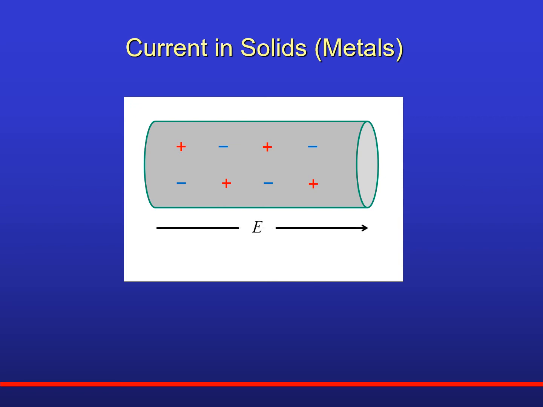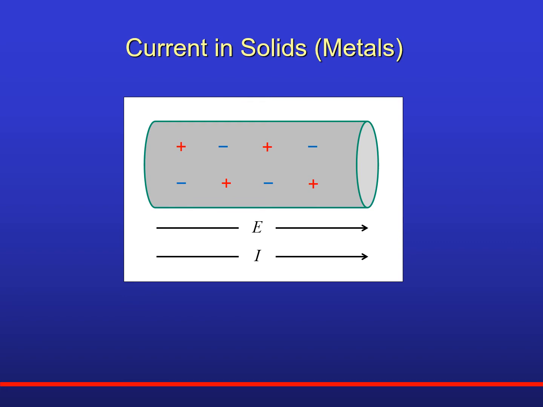The electric field goes from left to right. The electric field, remember, is the direction of the force on a positive charge. Therefore, we consider current as positive charge flow. The current will also be left to right.